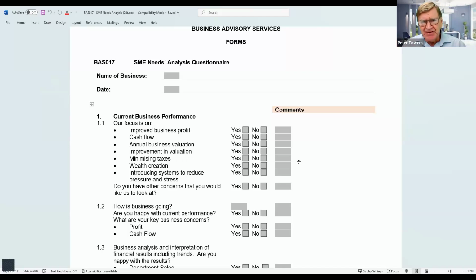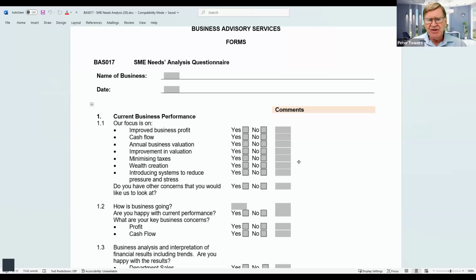What's the debtors' days outstanding? Why is the debtors' level so high? Are they not supplying all the information to their customer that the customer has requested, and therefore there's a delay on the payment being made. All these things can unearth issues within your client's business that you can assist.